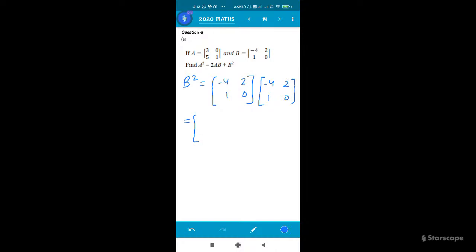Alright, so we are getting 16 plus 2, minus 8 plus 0, minus 4 plus 0 and 2 plus 0. So if you solve it, you are getting 18, minus 8, minus 4 and 2. So we have found out all the required components of this expression. Now we can simply put it in the equation and get the values. So let us do it.